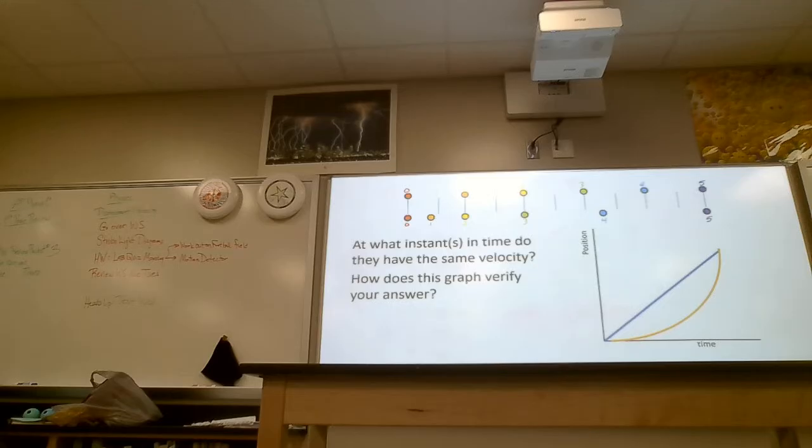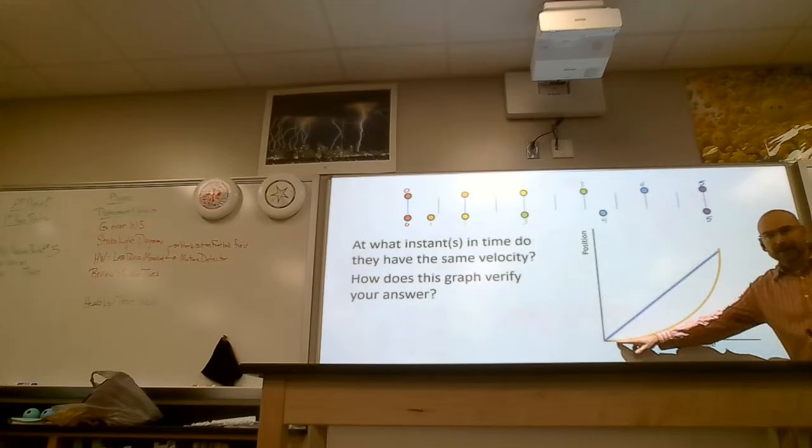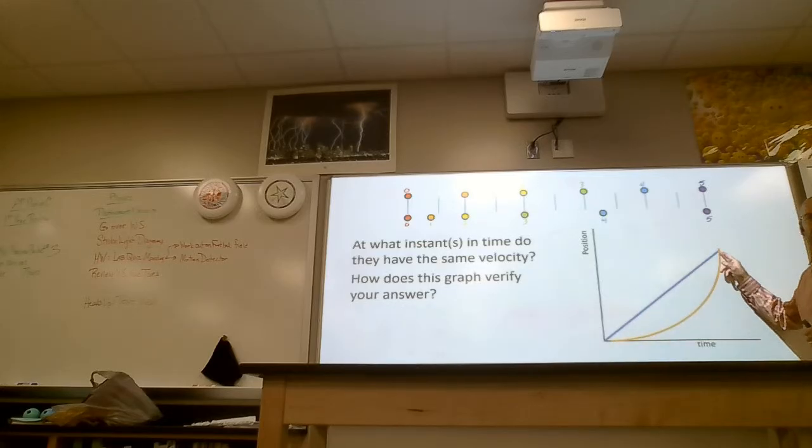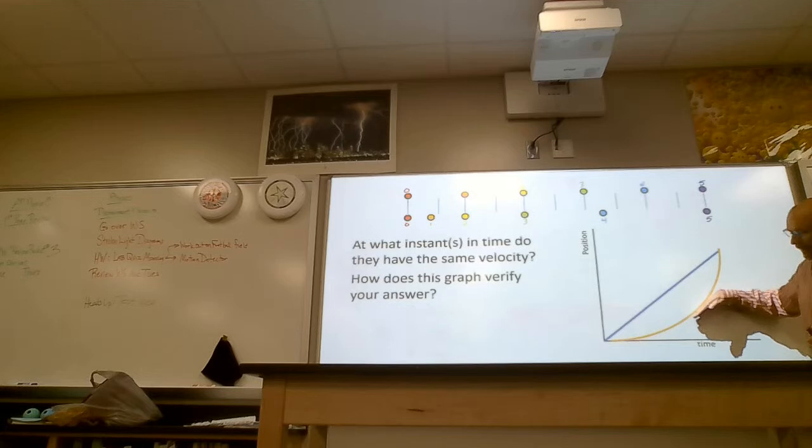For the sake of time, what on a position versus time graph tells you velocity? Slope. Where is the slope the same? This is a constant slope. Is it right here? What about somewhere in here that has the same slope?